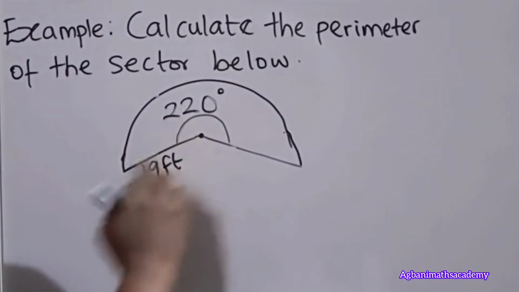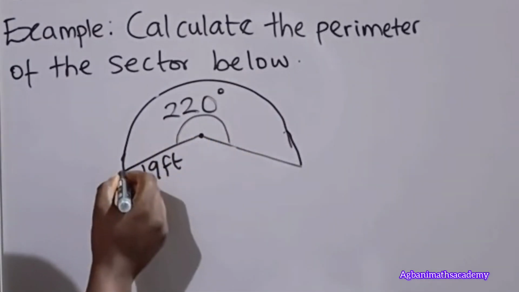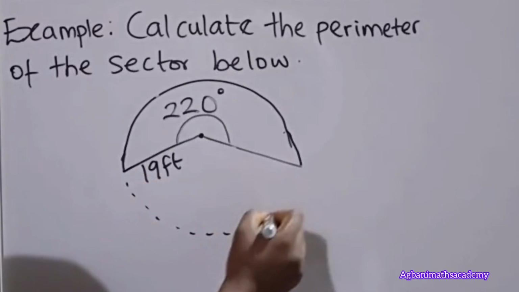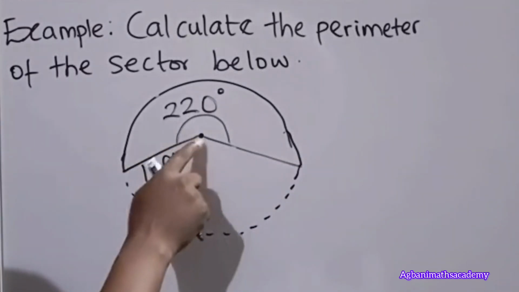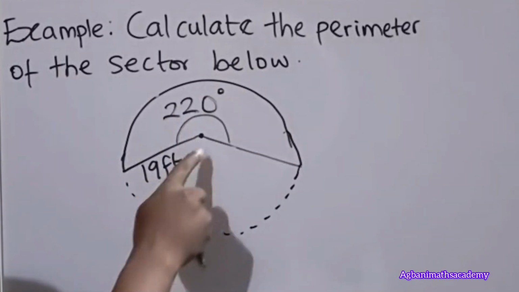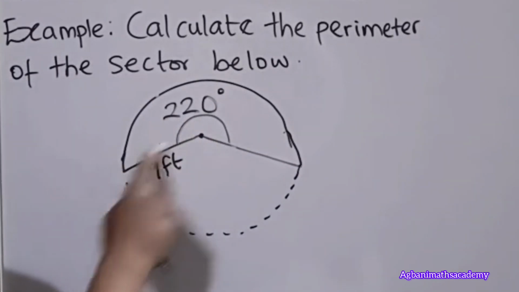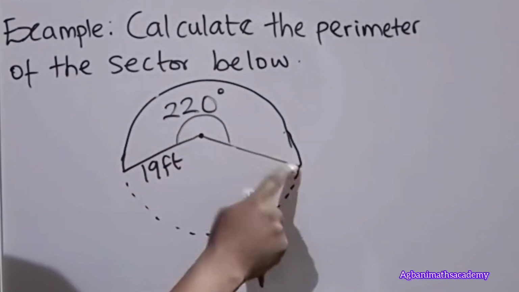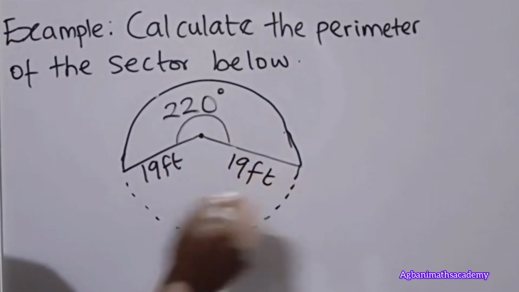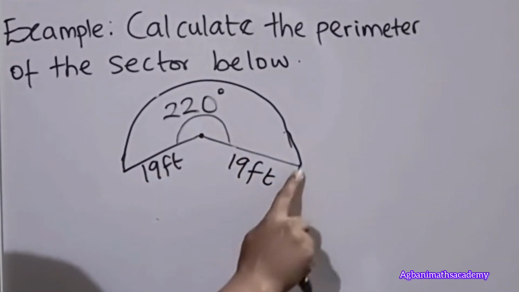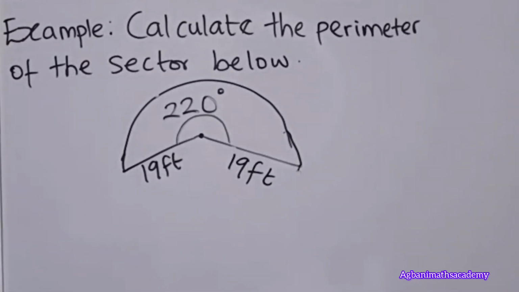If this is 19 as a radius, because the complete circle will be something like this, from the center to the circumference is a radius. From the center to the circumference is another radius. So if this is 19, this is also 19 feet.